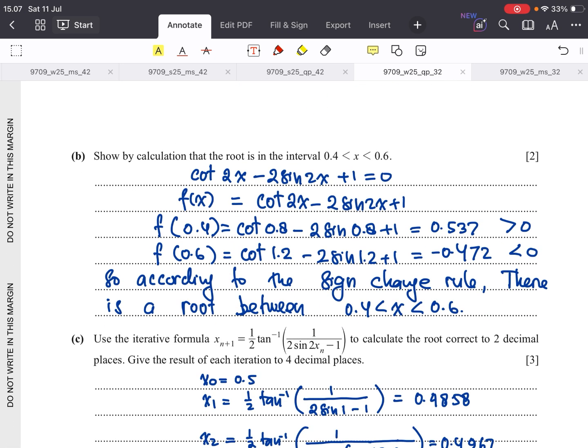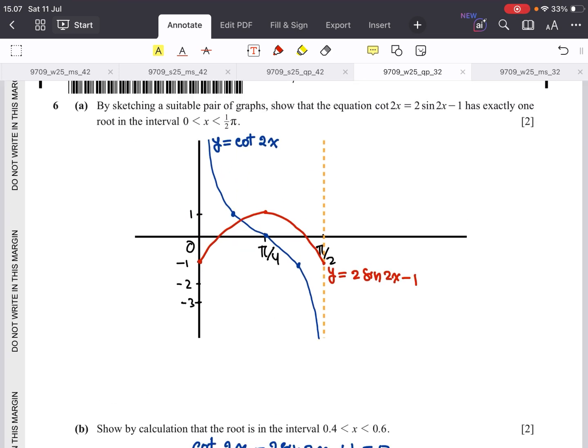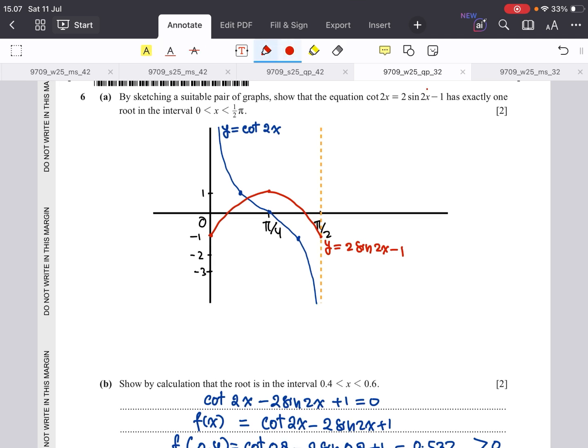B. Show by calculation that the root is in the interval 0.4 less than x less than 0.6. So we will move the expression on the right to the left. The equation becomes cot 2x minus 2 sine 2x plus 1 equals 0.